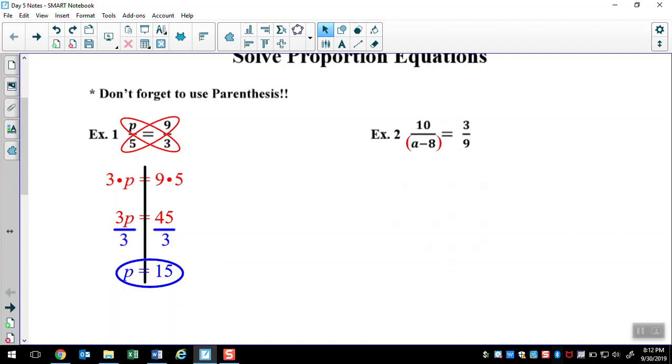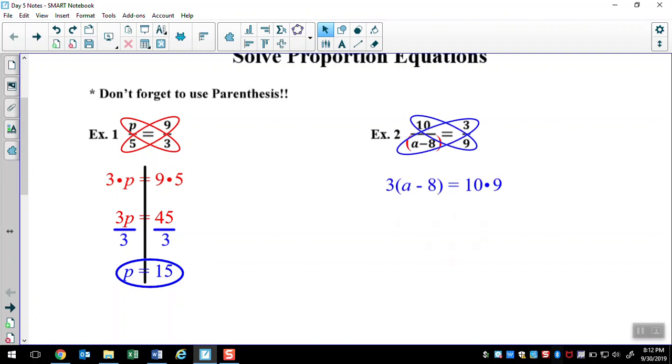Now, just like I did over here, I'm going to circle my diagonals. So I'm going to do 3 times a minus 8. Remember how we put those parentheses there? We're going to include those when we bring it down. And then I'm also going to do 10 times 9. So here's my 3 times the a minus 8. The a minus 8 has to be in parentheses.